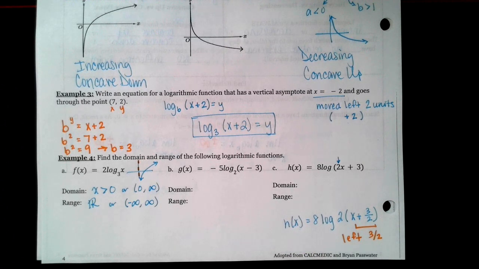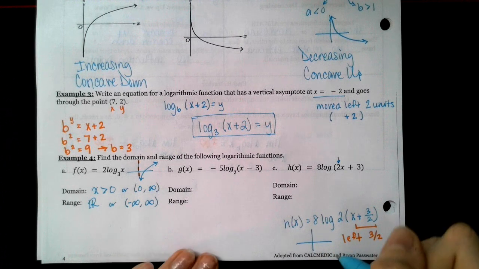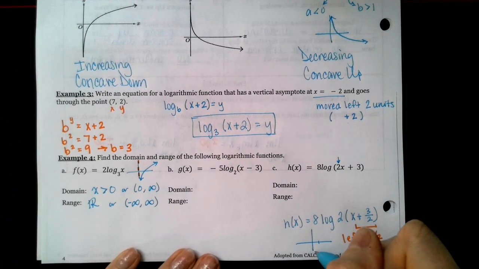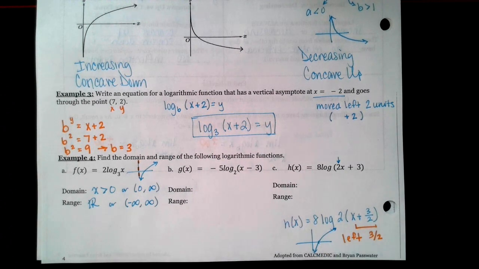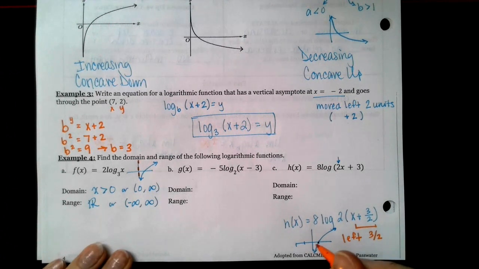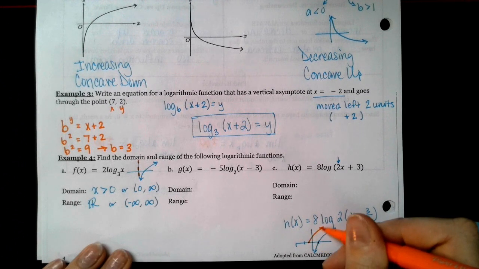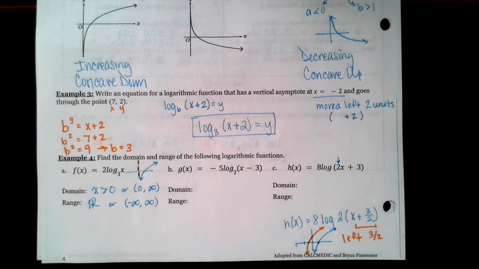So my domain is not going to be x is greater than 0. Since I'm going to the left, what happens to my graph is I have something that looks like this. And then I'm going to put a couple tick marks here. This point is going over 1.5 to the left. And so now I have a graph that looks like that.